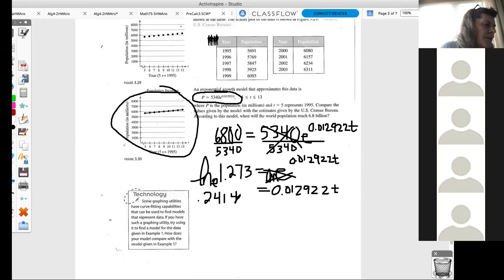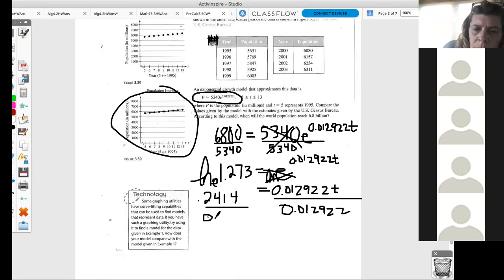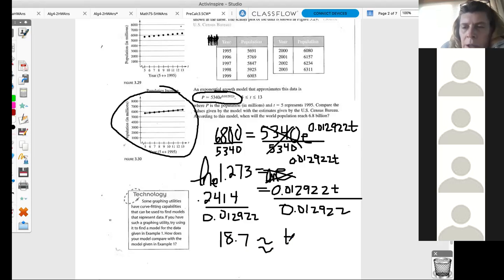All right, the only thing left to do then is divide by this big long number on both sides, which leaves me with approximately, anybody? 18.68. All right, let's just round that to 18.7.